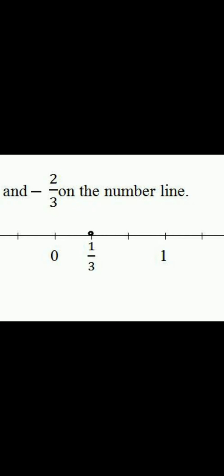The first part is 1 upon 3, the second part will be 2 upon 3, and the third part will be 3 upon 3. When we simplify this, 3 by 3 becomes 1. Also here on the negative side, the first part is minus 1 upon 3, the second part is minus 2 upon 3, and the third part will be minus 3 upon 3. Again, when you simplify this, you will get minus 1.